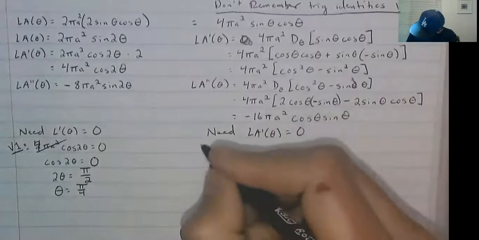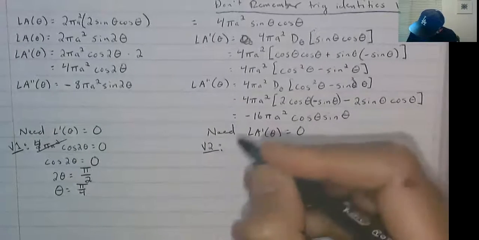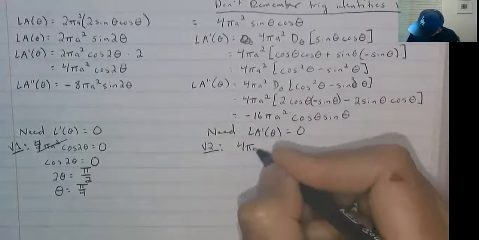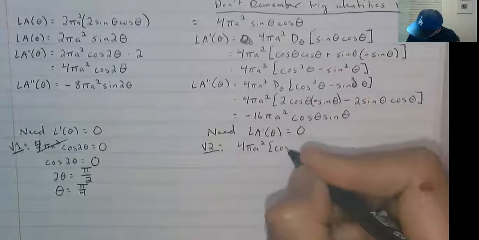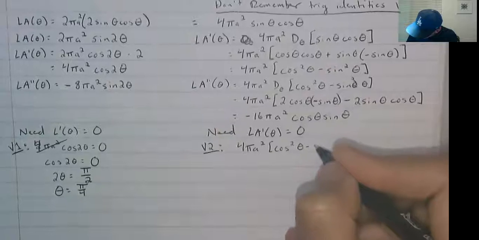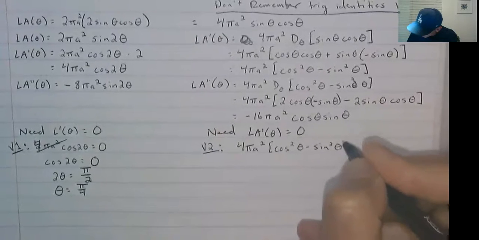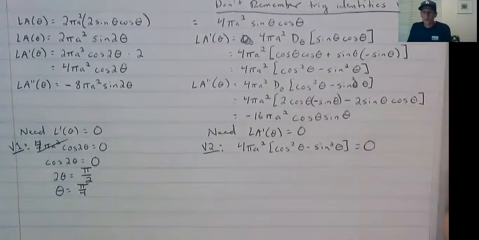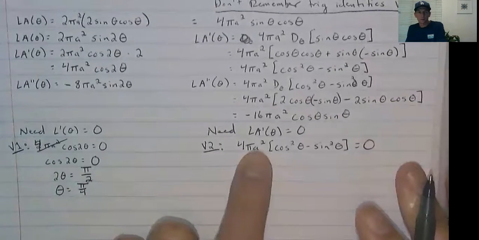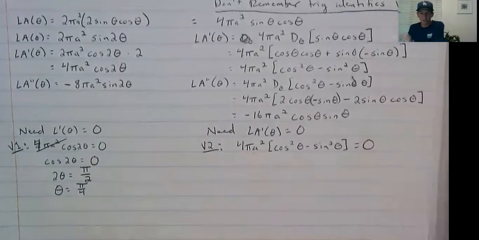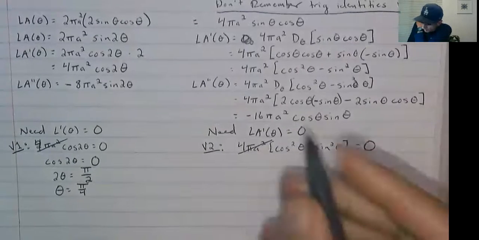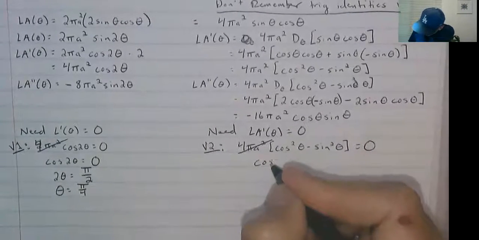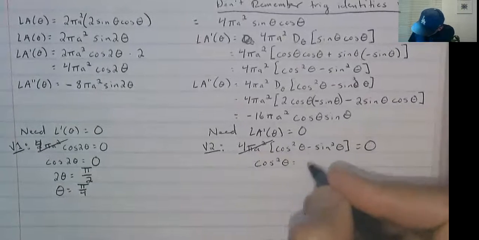So we need in version 2, 4 pi a squared times cosine squared theta minus sine squared theta equals 0. Much like over here, we don't give much of a care about that. So really we need this guy to equal 0. And we need cosine squared theta to equal sine squared theta.